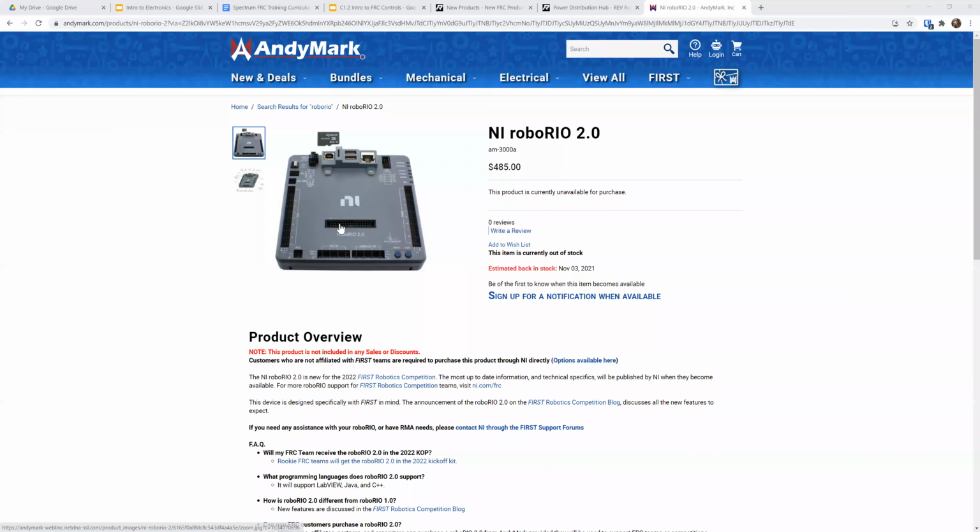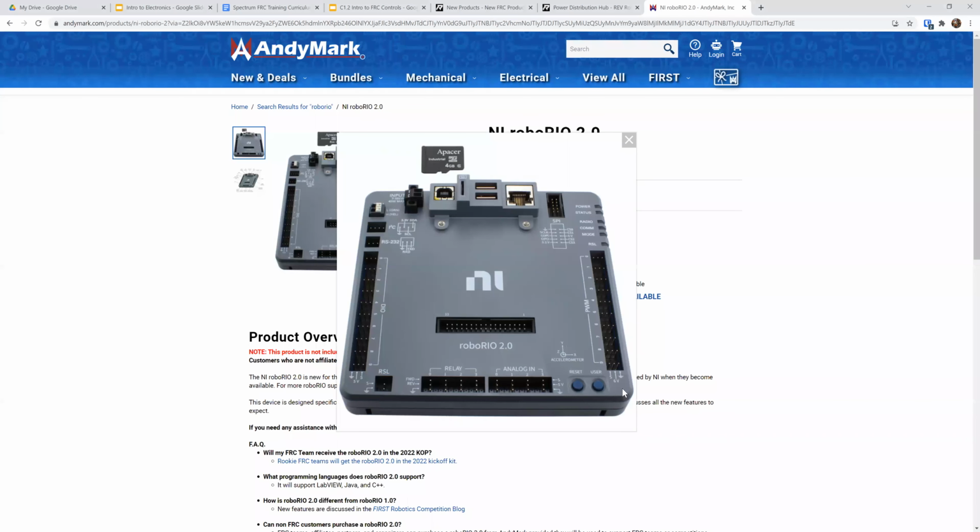There's not too much that's significant. Let me see if I can pull up the page just so you can see how similar they are. Okay, so let me share screen again. All right, so this is the RoboRIO 2.0, and you guys just saw the old one.